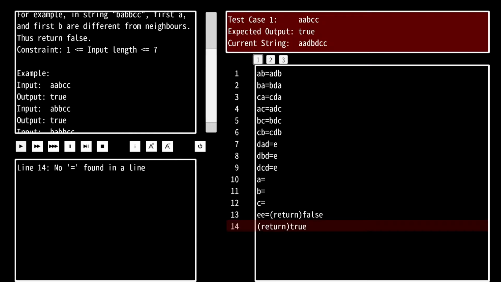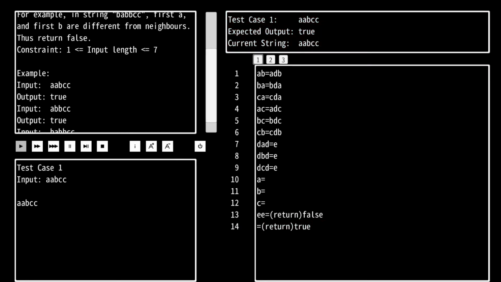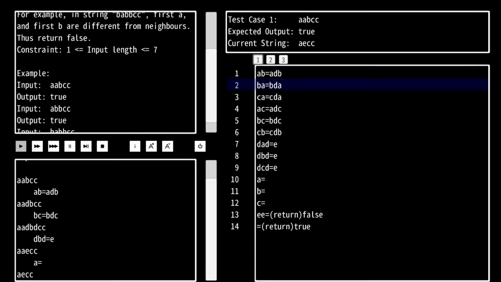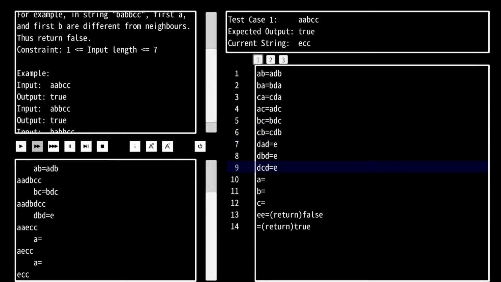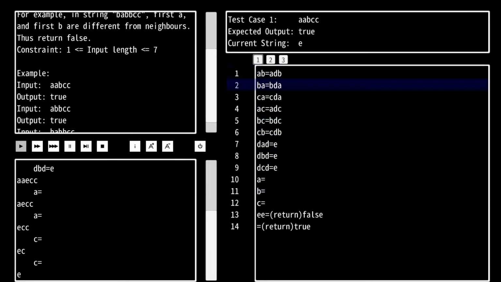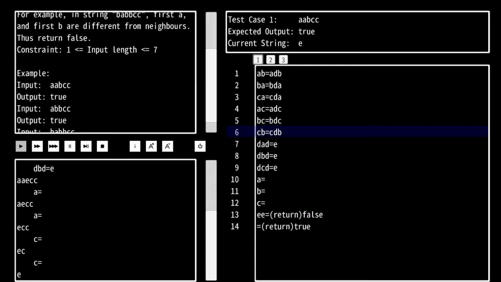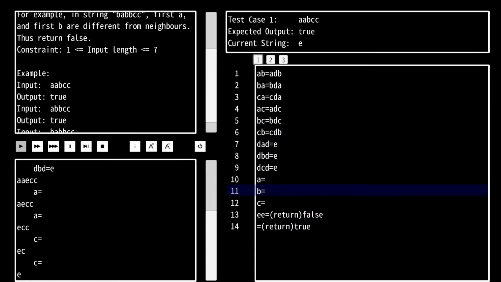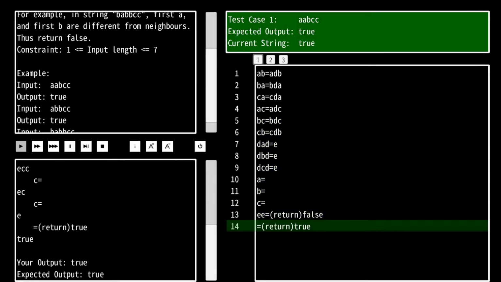Here, let's watch it. Oh, sorry, equals return true. So it finds all the differences. It goes through, these are different, and then it finds any letter bound by two differences, turns it into an E, kills everything else, and then if there's more than two, it returns false.